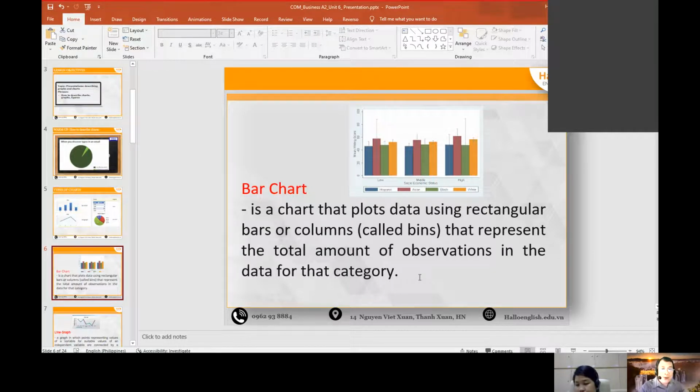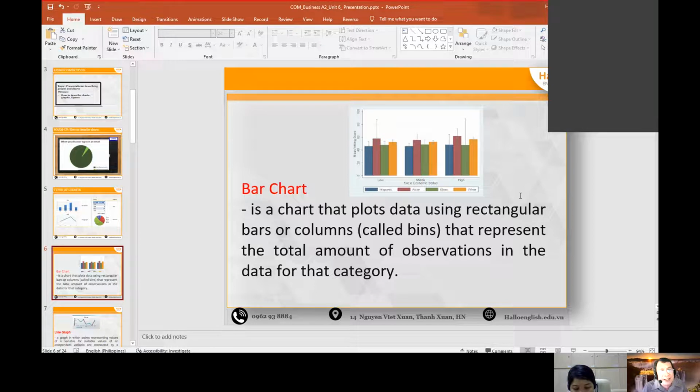Now, this one is what we call a bar chart, or sometimes you call this one a bar graph. When you say a bar chart, we can see in there bins. That means it could be rectangular bars or it could be in columns. Sometimes like this in columns, and sometimes it could be like this. It depends on the style that you are going to use.